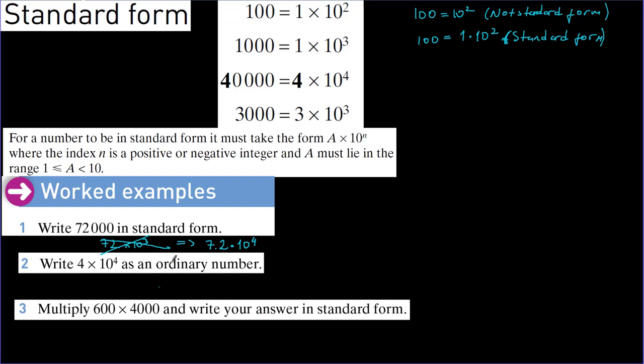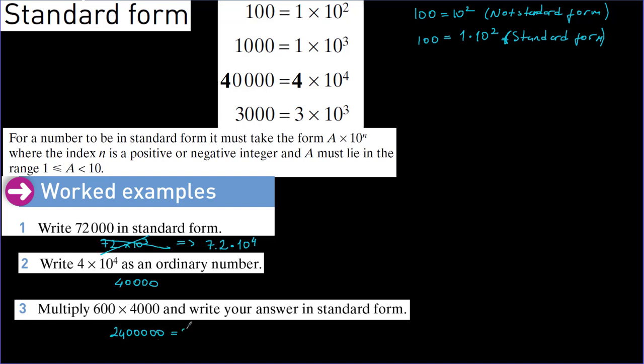Here I'm going to multiply these two, then write the answer in standard form. 6 times 4 is 24. There are 1, 2, 3, 4, 5 zeros.